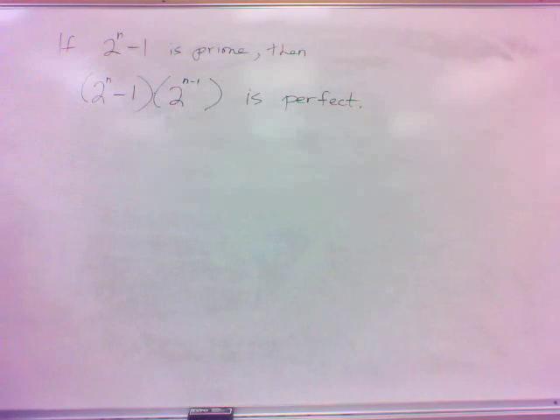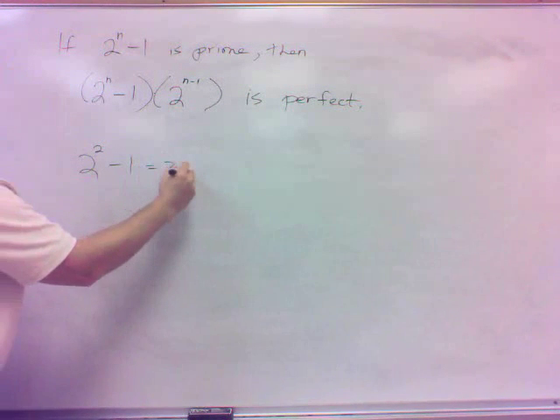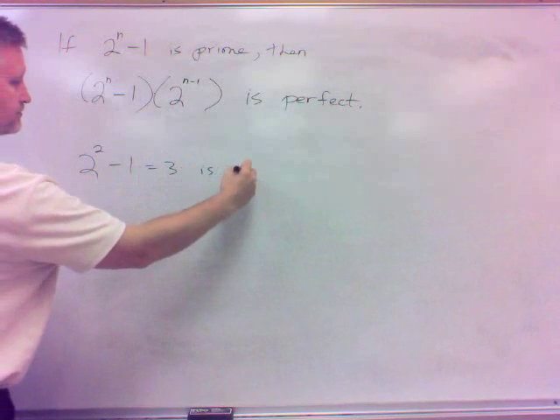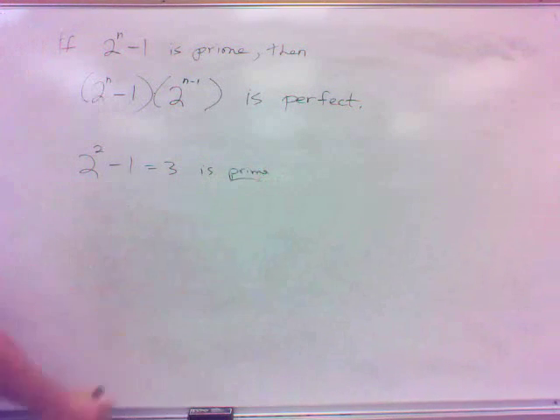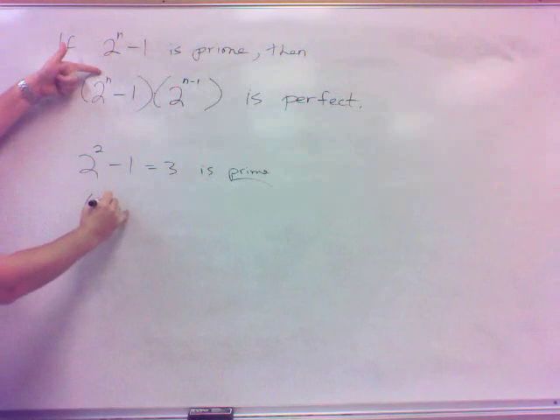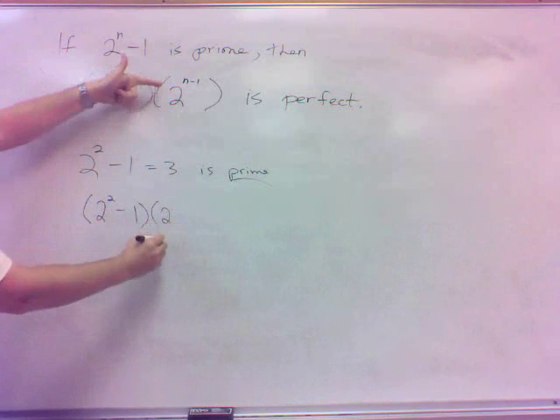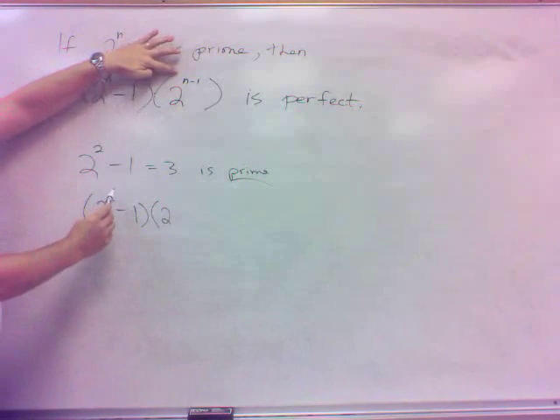Let me show you. We know 2 to the second minus 1 is prime, right? That's 3. So by this, I would take 2 to the n minus 1 times 2 to the n minus 1, and of course the n here is 2.